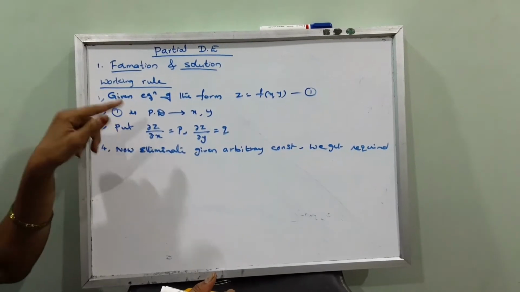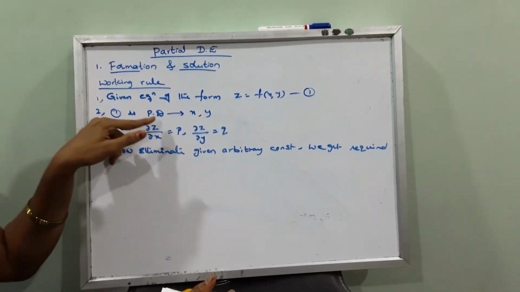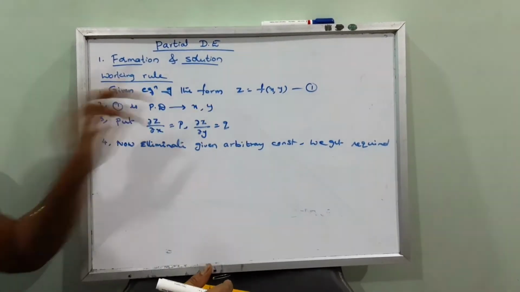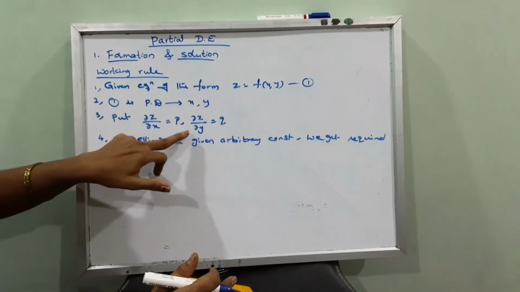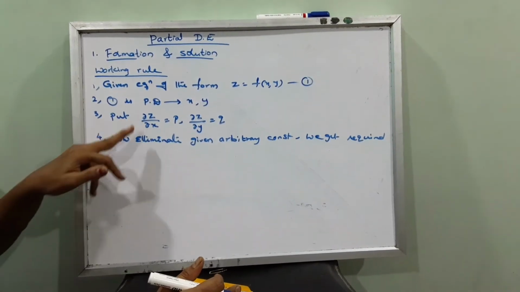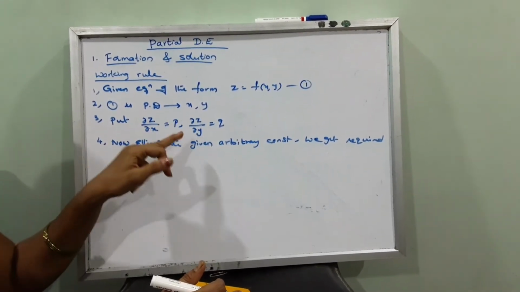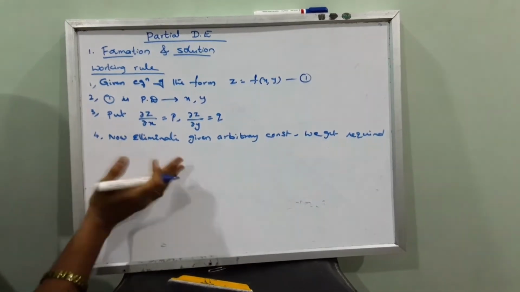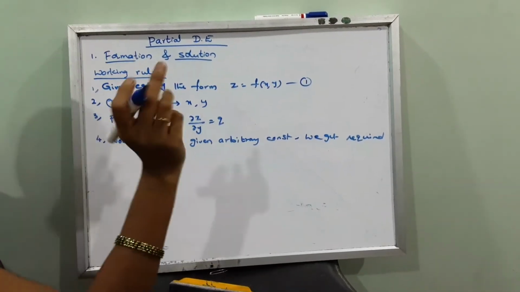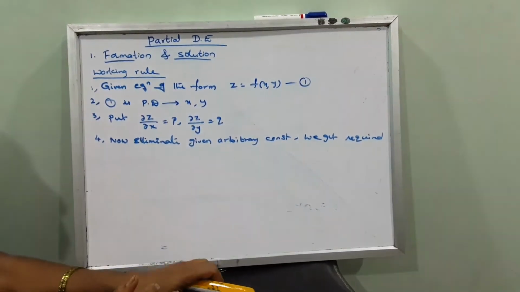Partially differentiate with respect to x and y to get dou z by dou x and dou z by dou y. Put dou z by dou x is equal to p and dou z by dou y is equal to q. Then the last step, we eliminate the arbitrary constant from the differential equation.